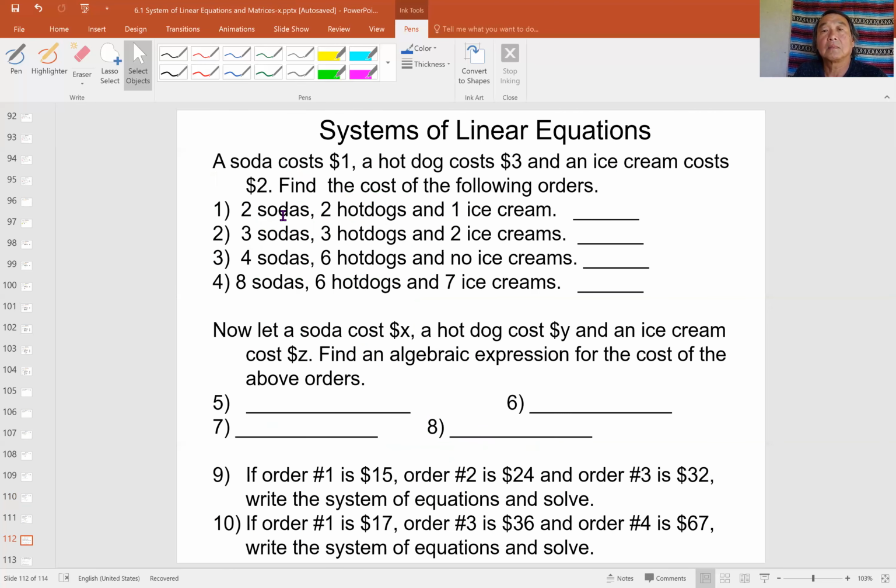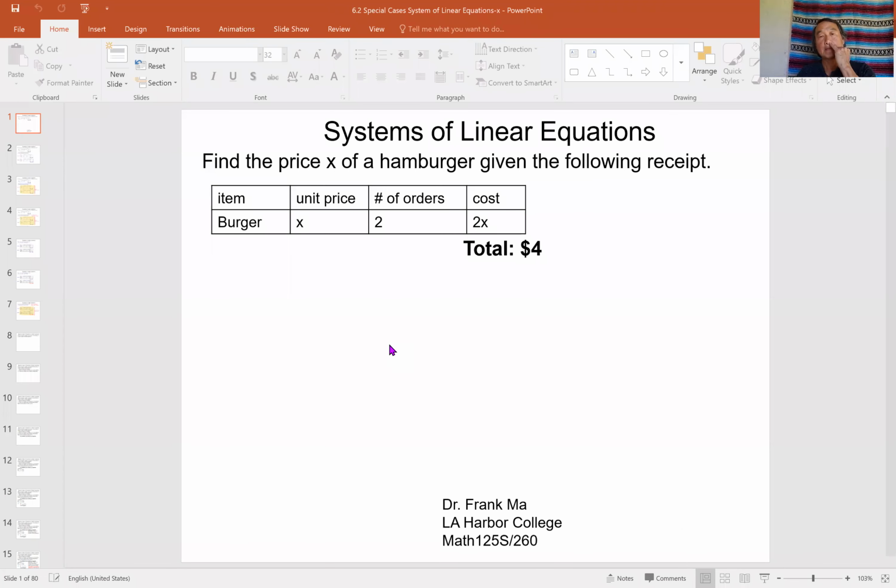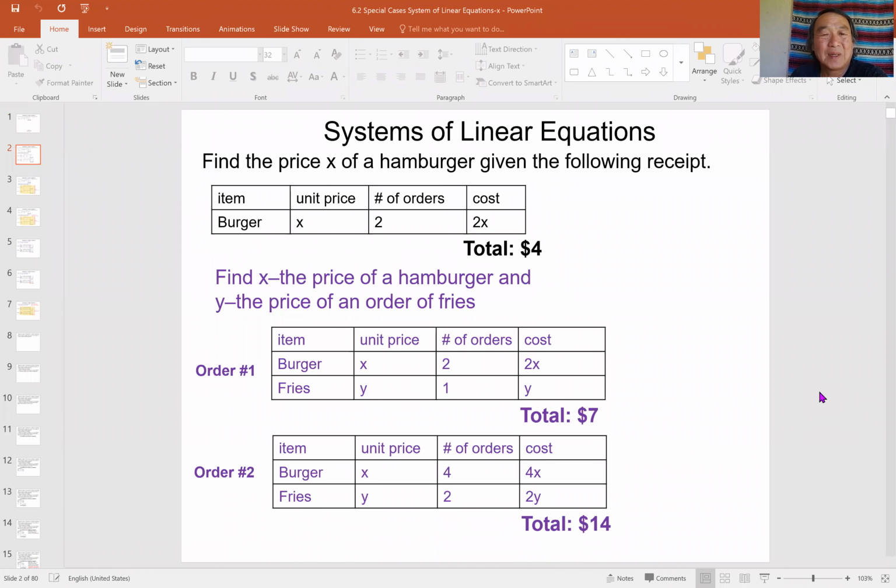Now, continuing, there are two cases which are kind of strange. Suppose I find a receipt with 2 burgers for $2. Now 1 burger is $1, no problem. But suppose now I find 2 receipts on the ground, and I take a look at the 2 orders, then I realize these 2 orders are exactly the same, except order number 2 is double the first order.